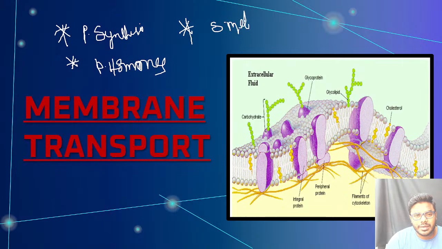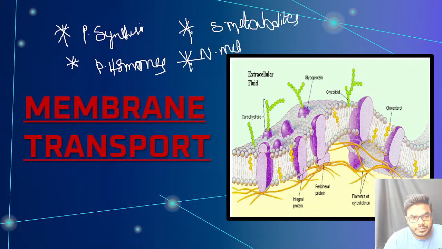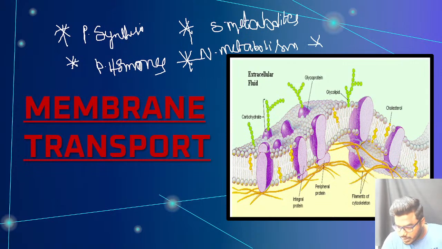In the secondary metabolites, friends, we are left with 7 to 8 slides, that is the cyanogenic glycosides. I will re-explain that. And we have completed nitrogen metabolism. So now what we are doing, friends, is transport in plants.